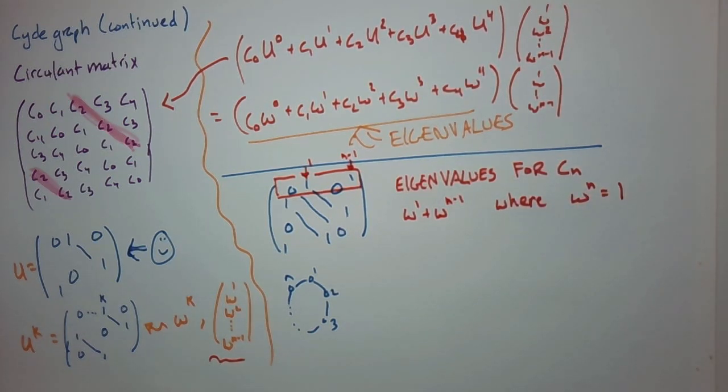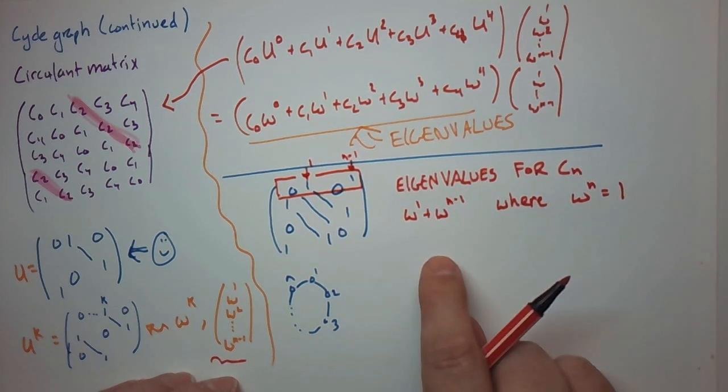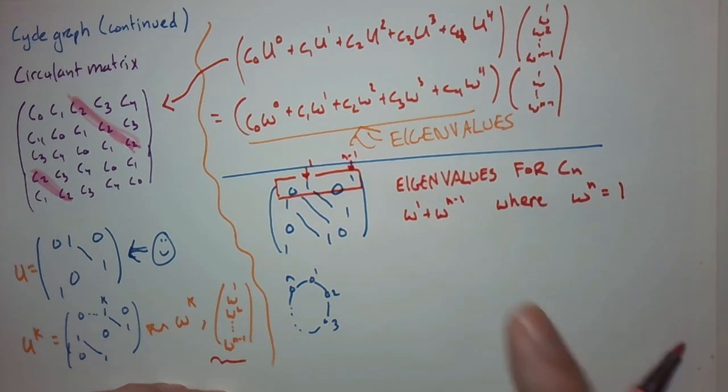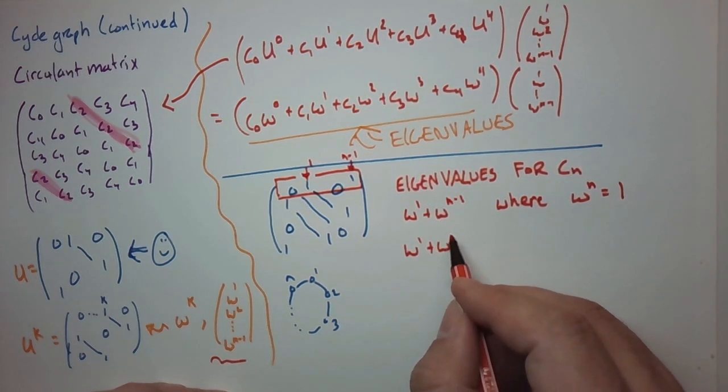Then we have to run over all the roots of unity. Okay, we can clean some things up. Since omega to the n is 1, what's another way to write omega to the n minus 1? Yeah, so this is the same as omega to the 1 plus omega to the minus 1.